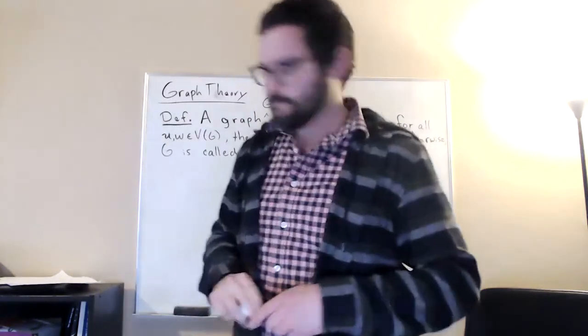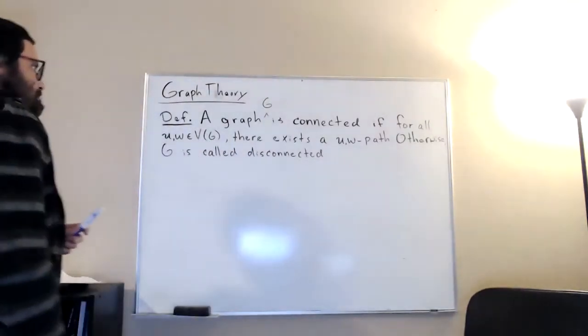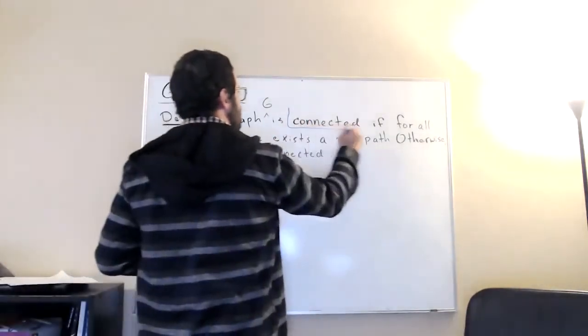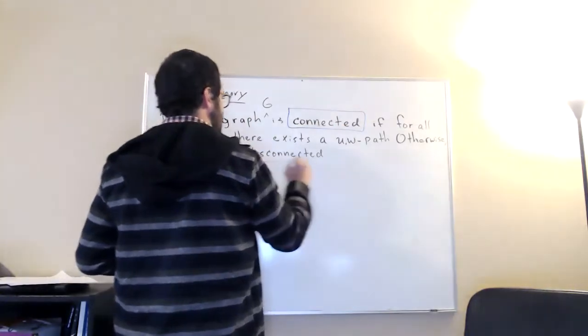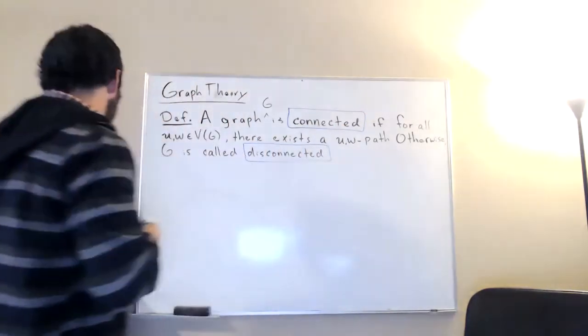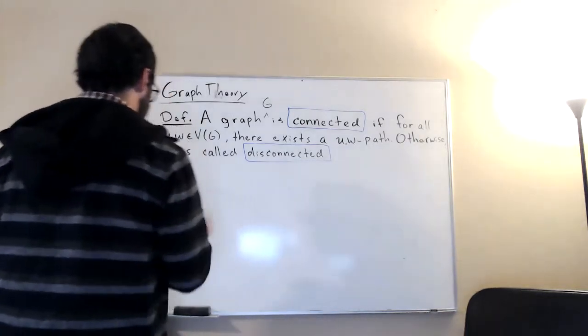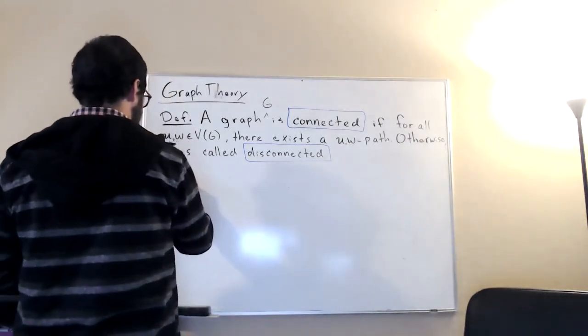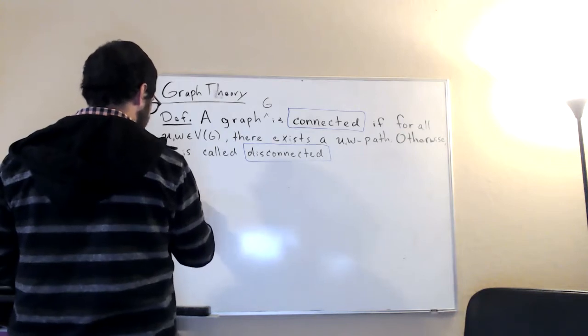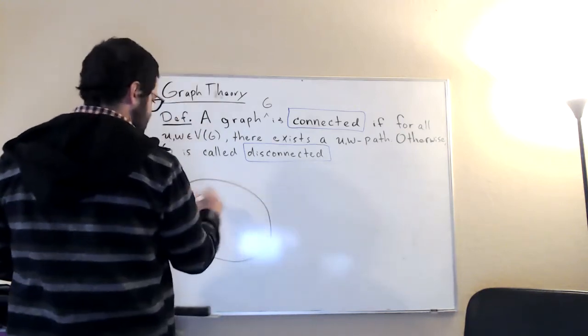Okay, so let's look at some examples here. So I'll count this graph G over here. So G will be inside of here.